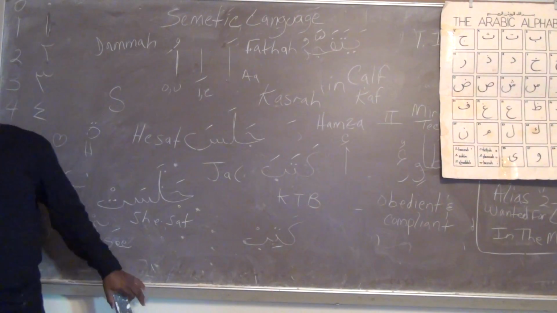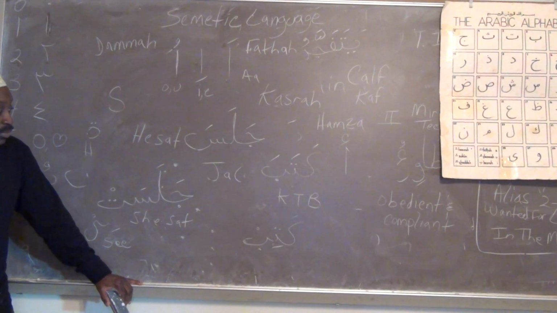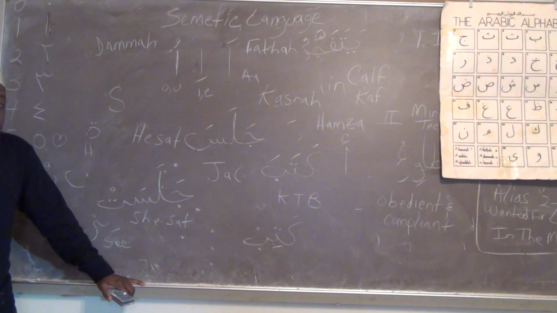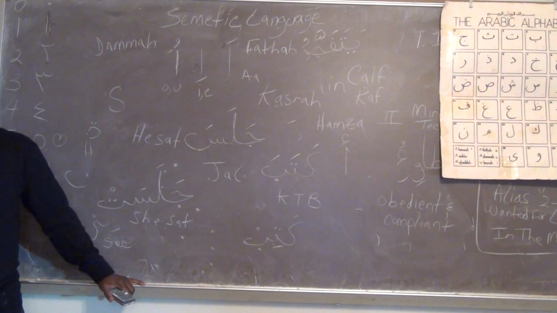KTB in there. Isn't this a person who does what? Got to do with the ability of writing. Khatib, who's the khatib? He can be speaking too, but more or less, who's the writer? See, it embodies the writer.